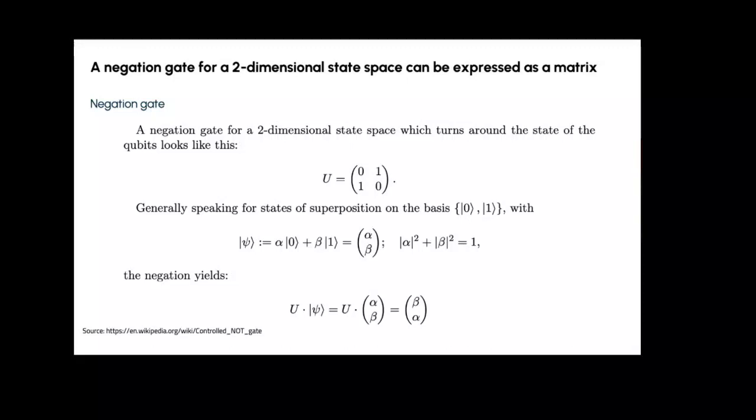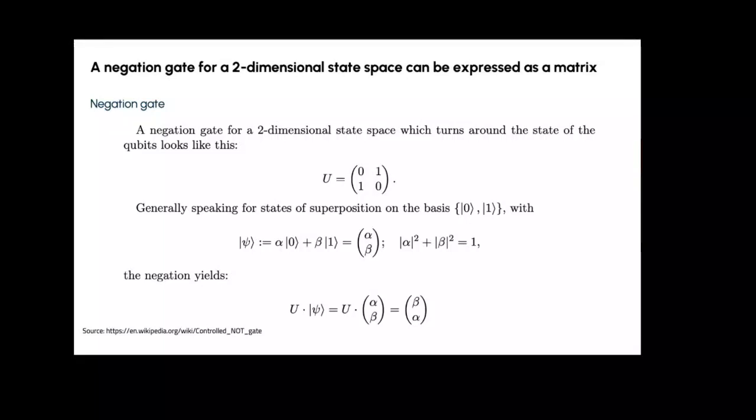The rule for multiplication is row times column. The first row: 0 times alpha plus 1 times beta is beta. The second row: 1 times alpha plus 0 times beta is alpha.